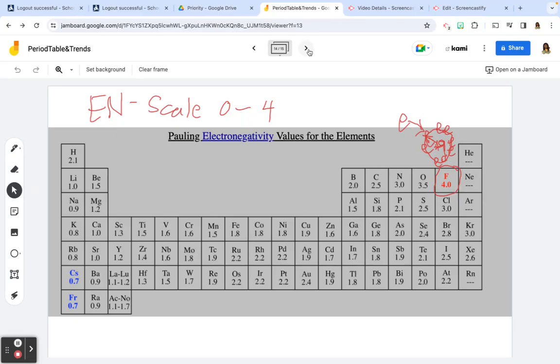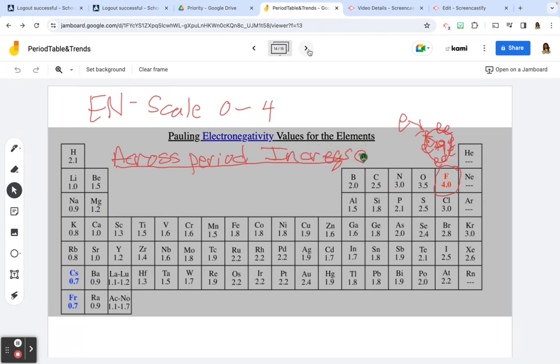Therefore, not all nonmetals, but most nonmetals have high electronegativity. But metal elements have low electronegativity because metals do not desire to have electrons. They want to get rid of their electrons, not take on any new ones. So the trend for electronegativity as you move across a period, it increases.